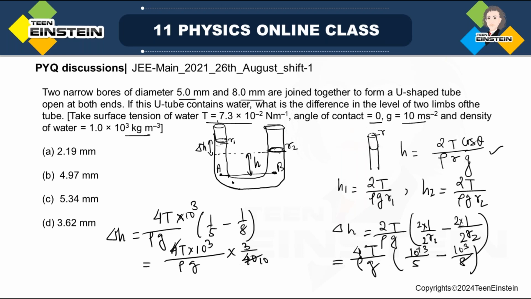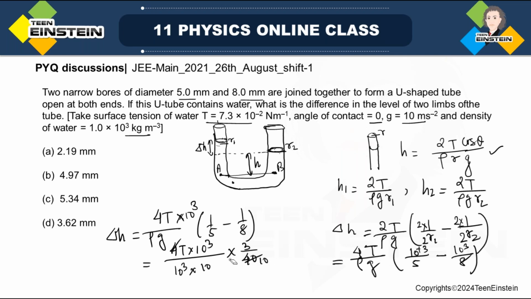So I'll get T into 3. Rho is how much? 1000, right? 10 to the power 3. G is 10. So I'll write down rho and g here: rho is 10 to the power 3, g is 10, so 10 to the power 4, and this is 1, so 10 to the power 5.